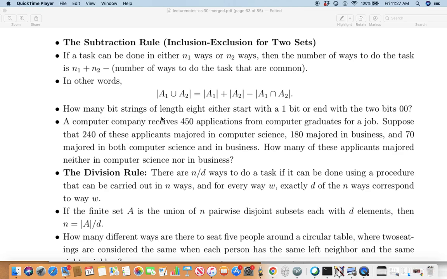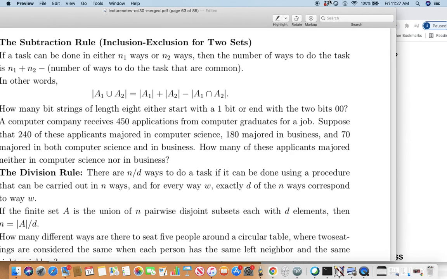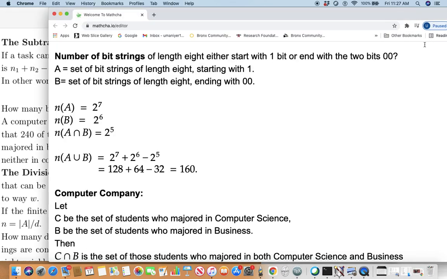How many bit strings of length 8 either start with 1 bit or end with 2 bits of 0, 0? Okay. You want to start with either 1 or end with 0, 0. Let A be the set of bit strings of length 8 starting with 1. B be the set of bit strings of length 8 ending with 0, 0.